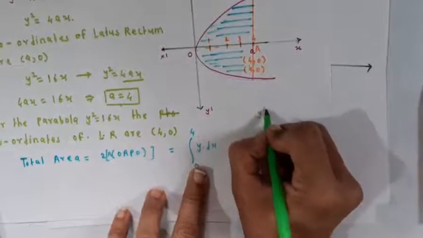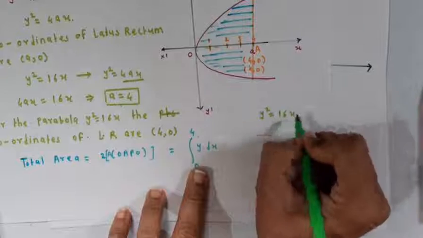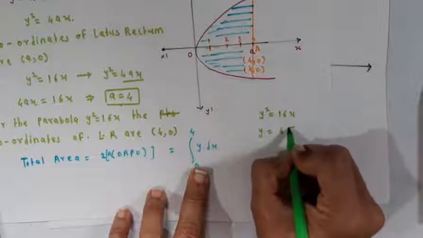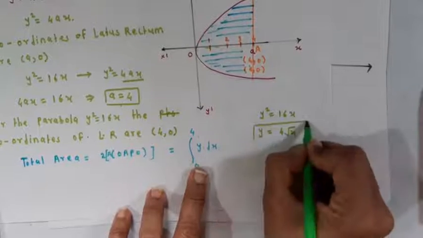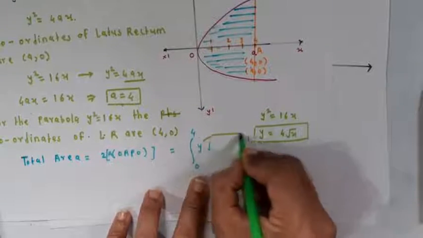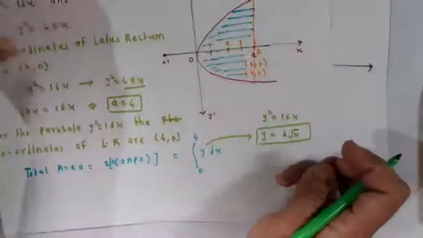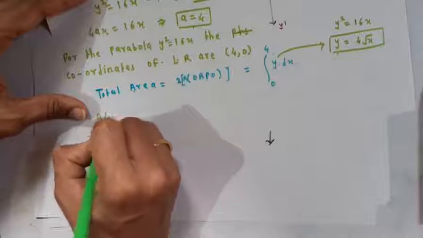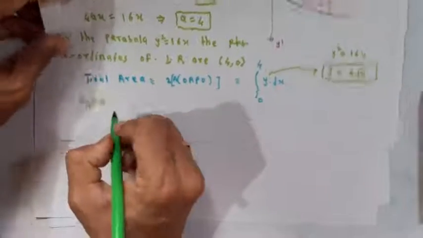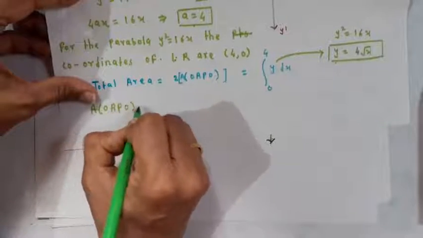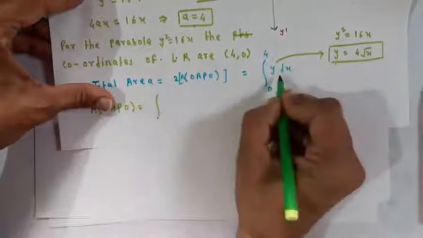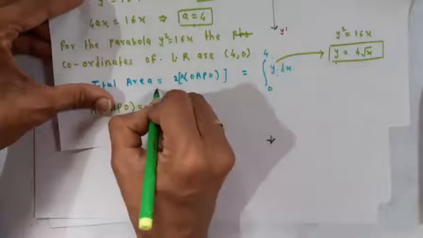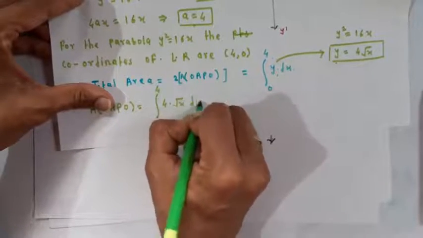As y square equal to 16x, taking square root on both sides, we get y equal to 4 root x. So the area OAPO equals the integration of 4 root x from 0 to 4 with respect to x.